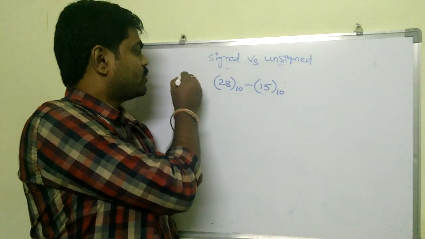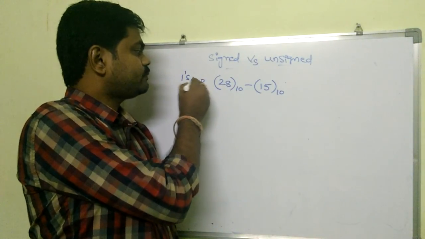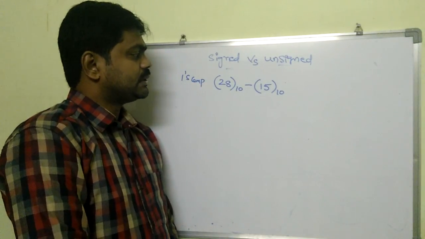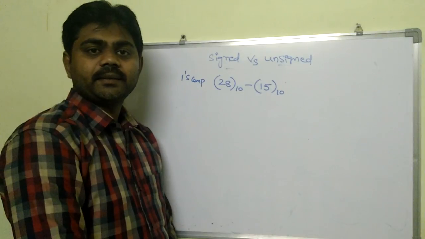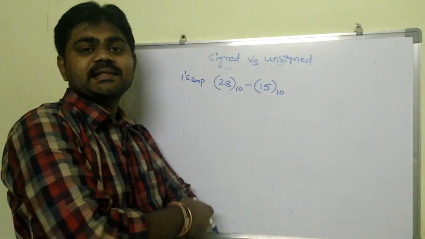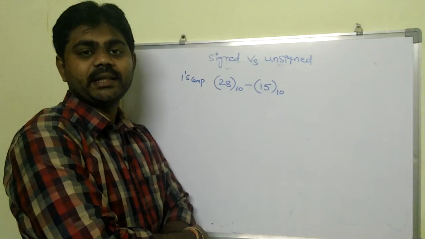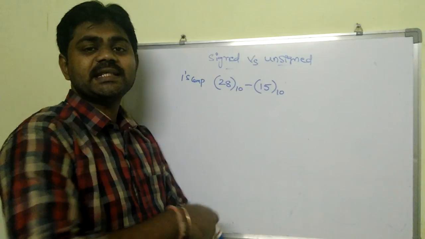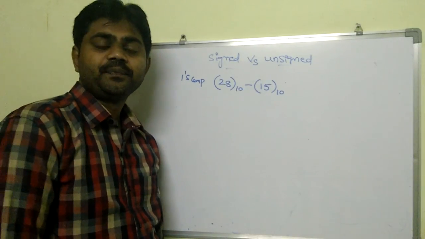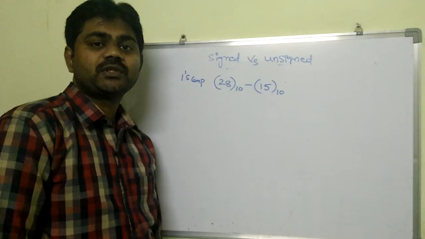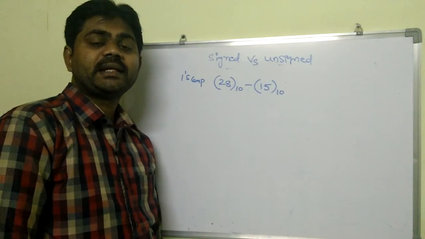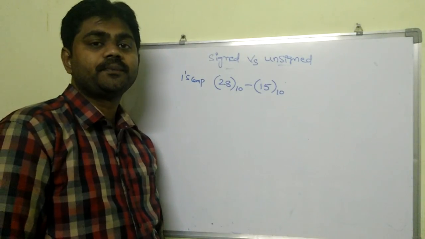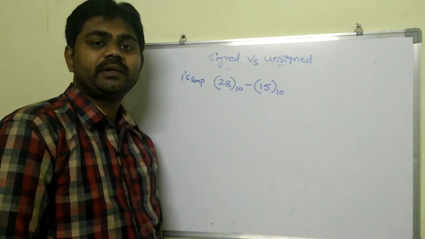So I am performing 1's complement for this, that is 28 base 10 minus 15 base 10. So we have an 8421 code, right? Depending upon the highest number, what is the highest number? 28. If our number is 28, it is exceeding the range of 8421, so I need to take the 168421 code. If that number exceeds more than that, I need to take 32168421. So depending upon the requirement, we will perform.